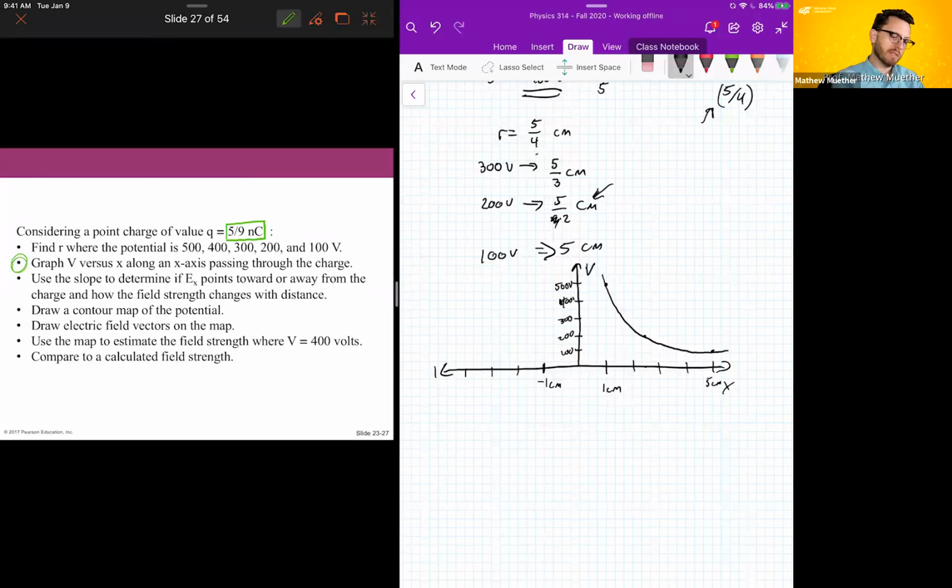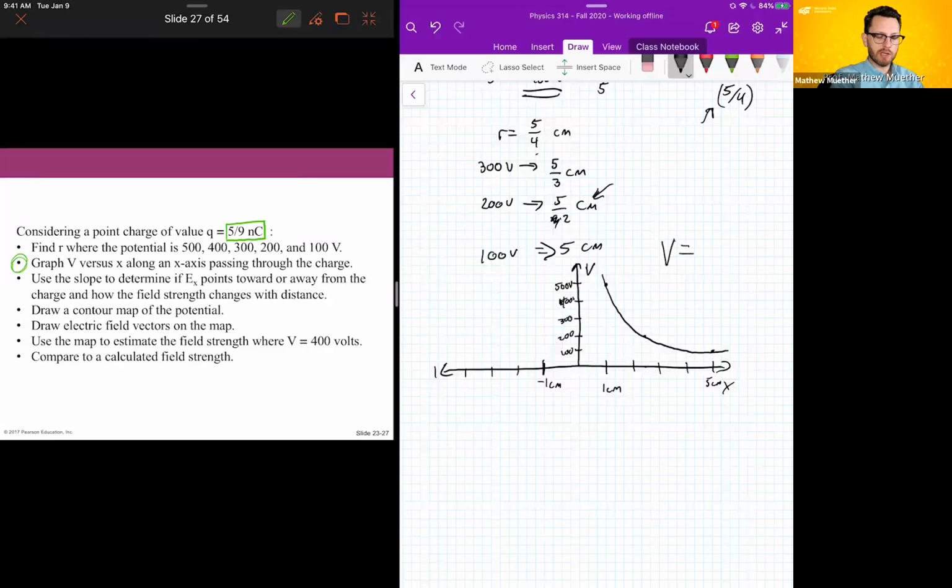What's the potential here at -1 centimeter? Okay, I'm getting some mixed answers, some 500 volts, some -500 volts.